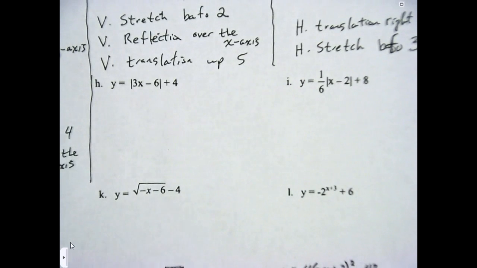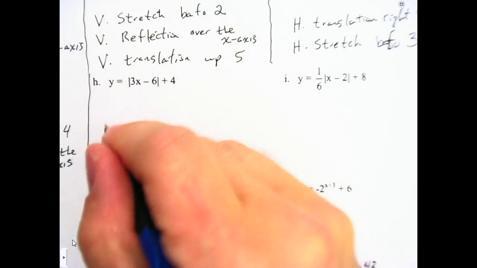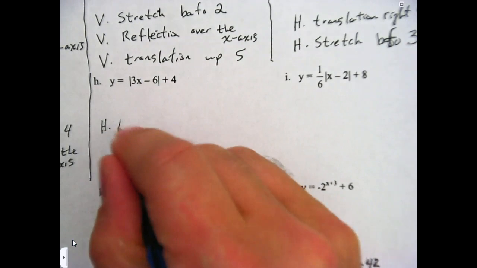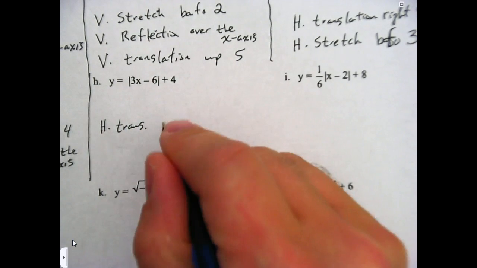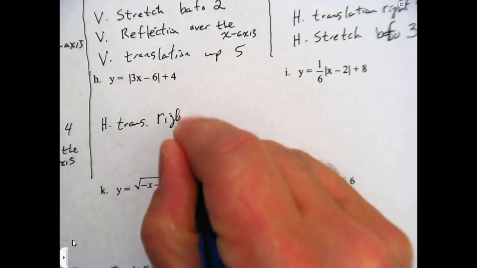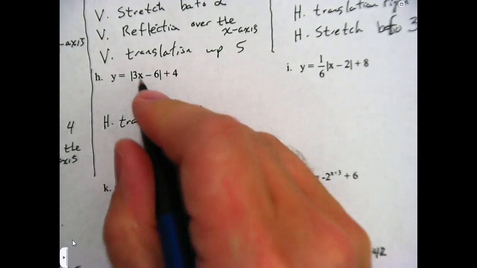Okay, letter H. Tell your neighbor what's first. Okay, let's see how you did. So vertical. First is the -6. I was right. Horizontal translation, which way? Right 6. And then we deal with the 3.